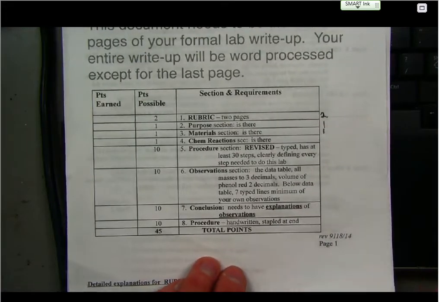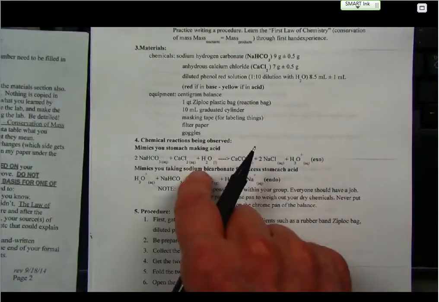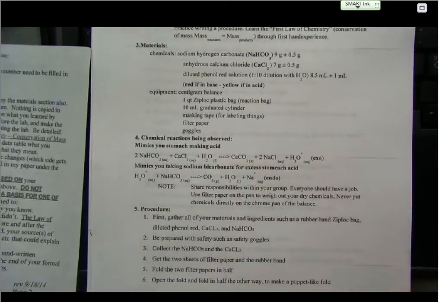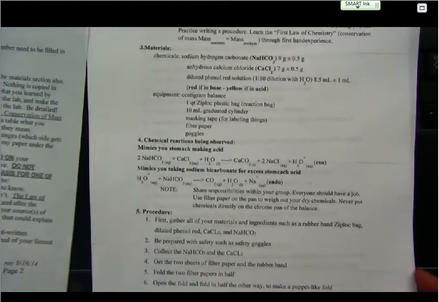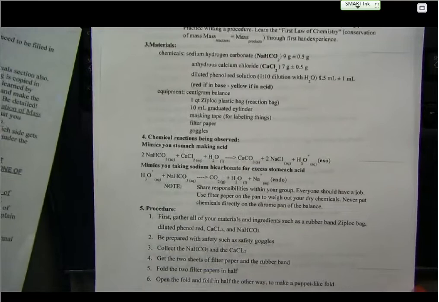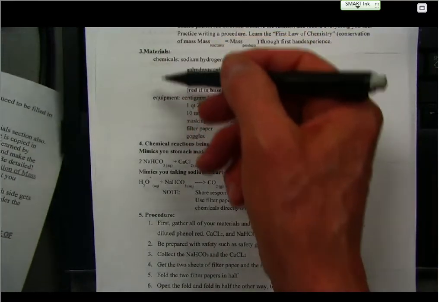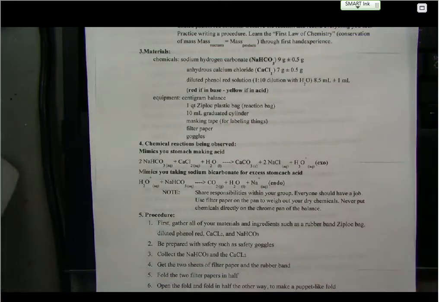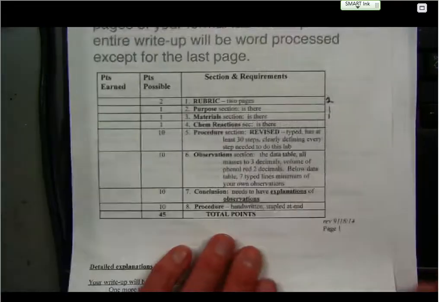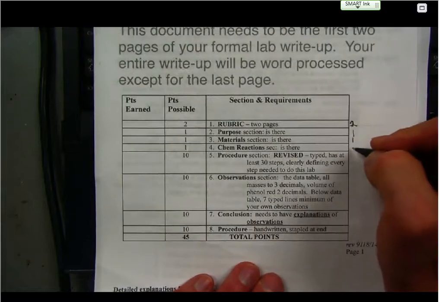And chemical reactions, are those there? Yes, they are. There's the chemical reactions. All of that was for free. Copy them all at once. The paper I graded in another period had each of these on a separate piece of paper. Not necessary. Just combine them all together. And then that's the chemical reactions.